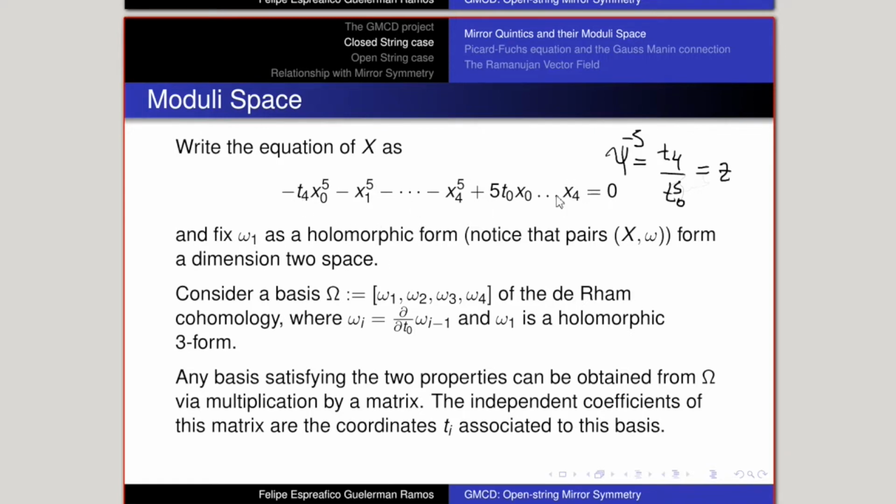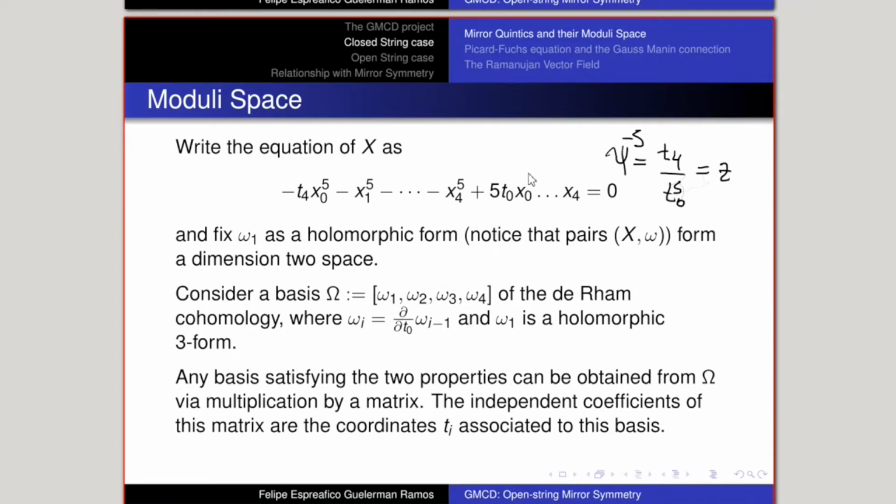Then we get the equation like this, and we also write the equation like this and fix a holomorphic form. So it's more or less the same thing we did in the elliptic curve case by putting a T1 in the equation. We are considering 2 parameters in the equation, but fixing a holomorphic form.